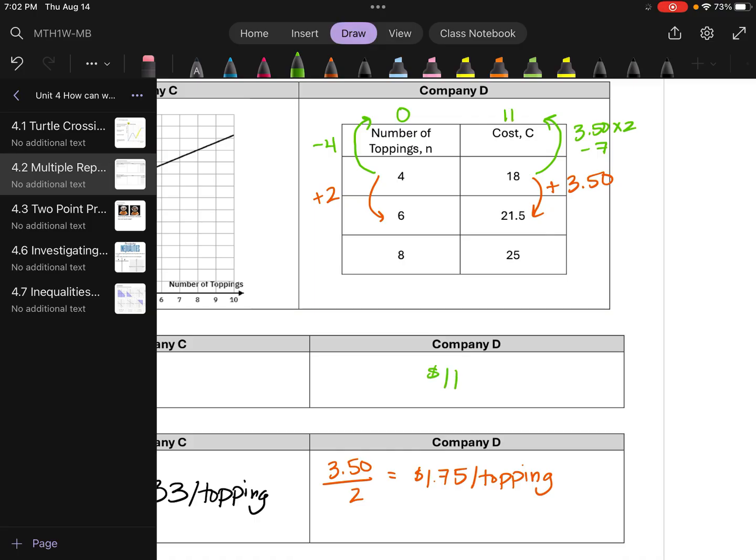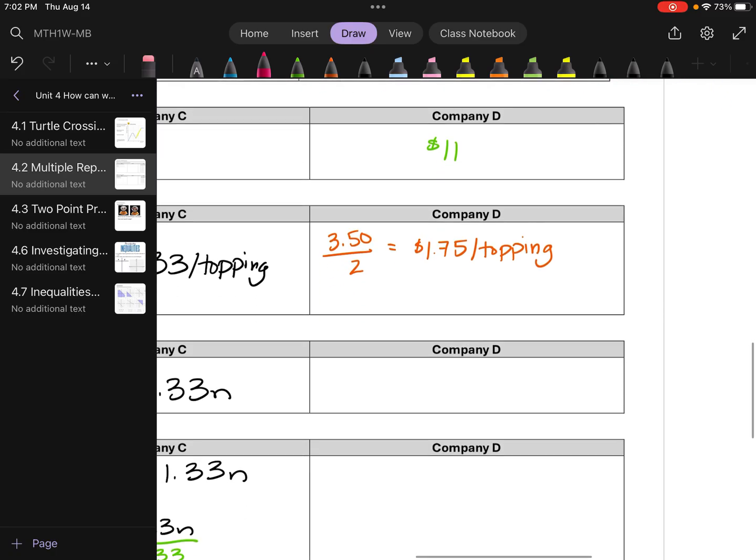My other option is I could have gone 4 times $1.75. And that gives me $7. And then what do I need to add to 7 to get to the price that I have, that 18? So that's $11. That's my base price.